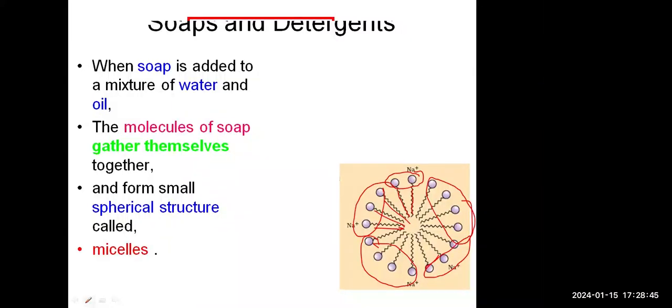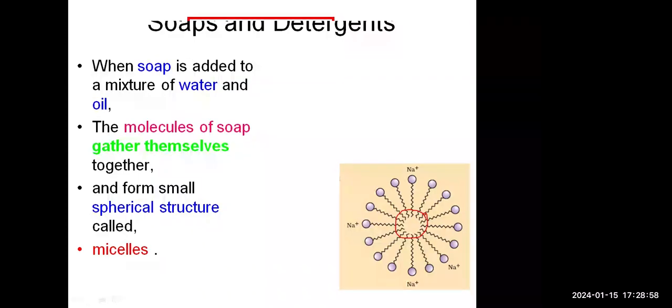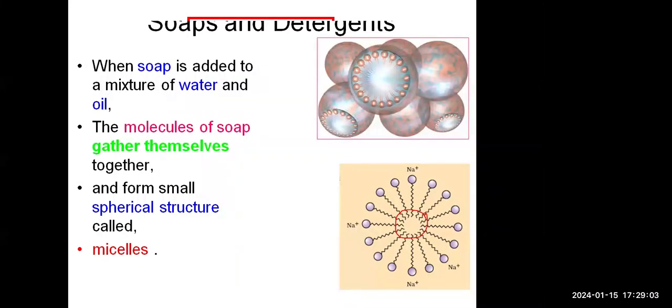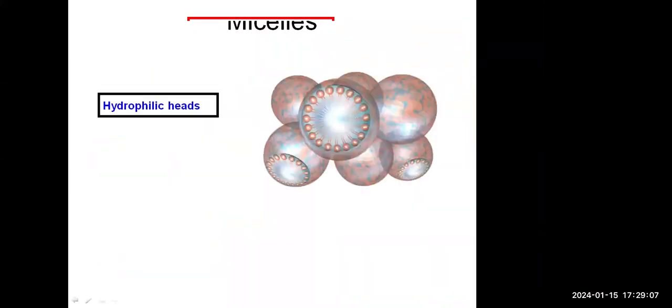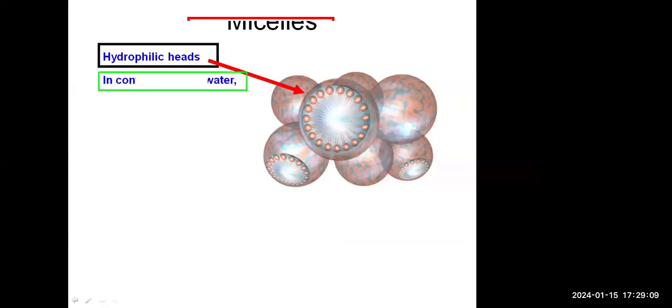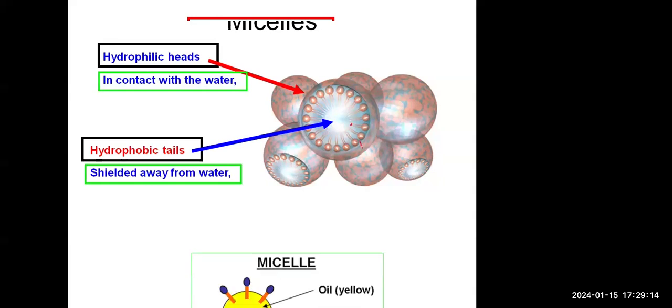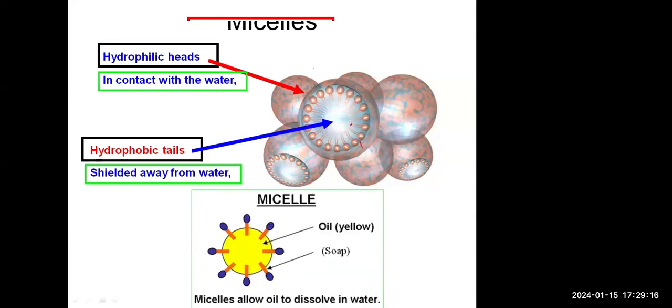When they do so, they trap the dirt, the organic dirt, into it. They stay away from the water, and they also do the cleansing action. You can see this diagram. This is how soaps work. All the hydrophilic heads are in contact with water, and hydrophobic tails are away from water.